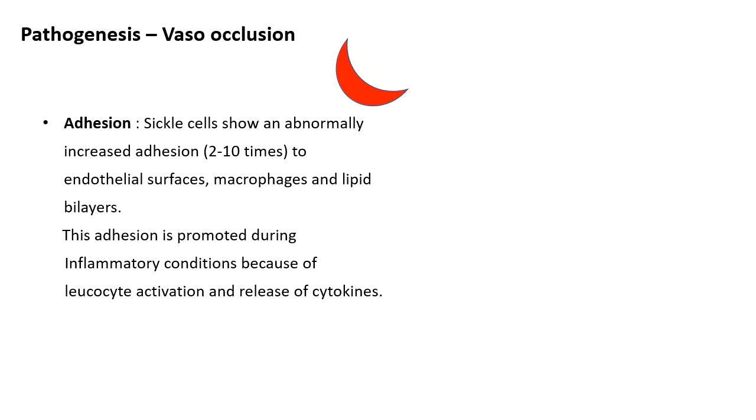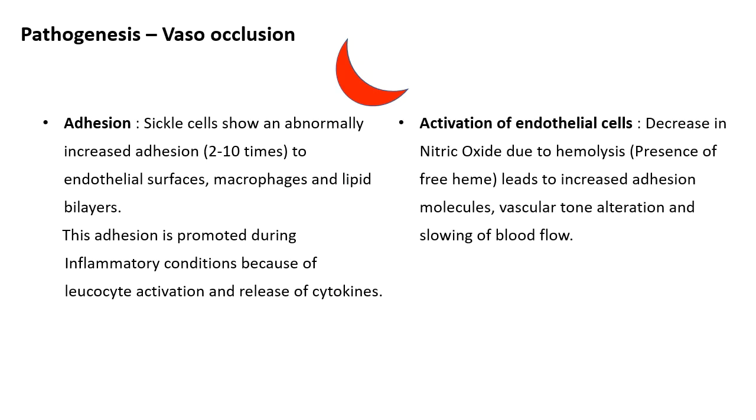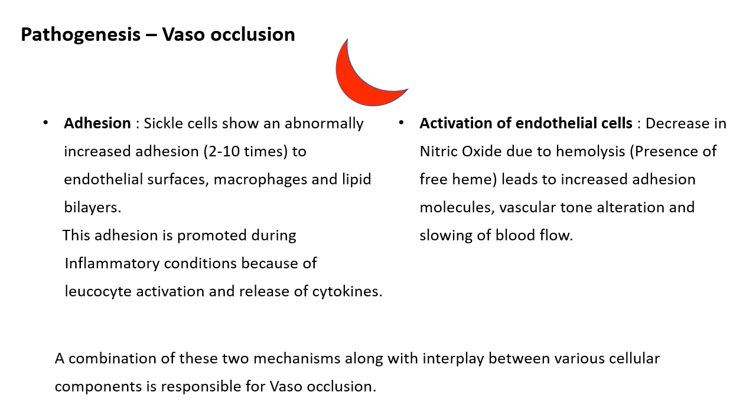So infections would increase the chances of vasoocclusion. On the other hand, due to hemolysis, heme is released, which decreases the nitric oxide concentration, leading to increased adhesion molecules, vascular tone alteration, and slowing of the blood flow. Combination of these two mechanisms along with interplay between various cellular components is responsible for vasoocclusion.